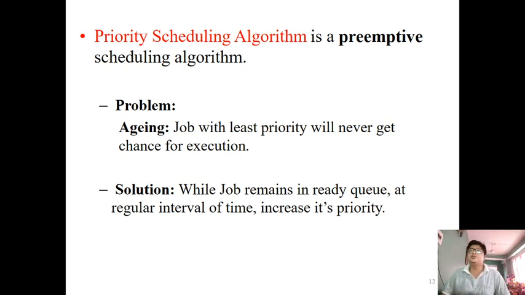After some time it should be x minus y, meaning a priority at a higher hierarchy. If you follow this strategy, then at some point later in the future, the process will definitely have the highest priority and will get a chance to execute.